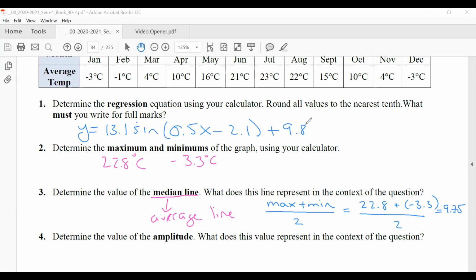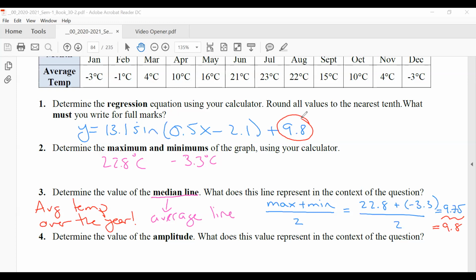Well, the median line, or the average line, represents the average temp over the year. That's what that represents. Now, do you notice right here, 9.75, if I had written that as 9.8, do you see that back in the equation? Right there.